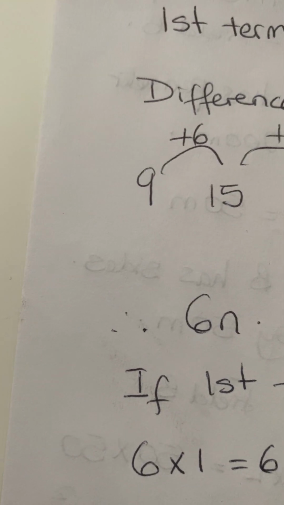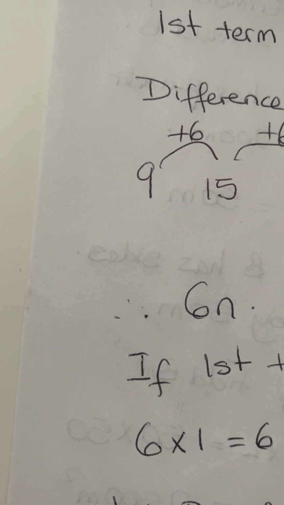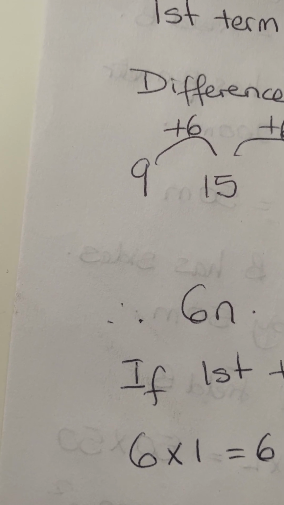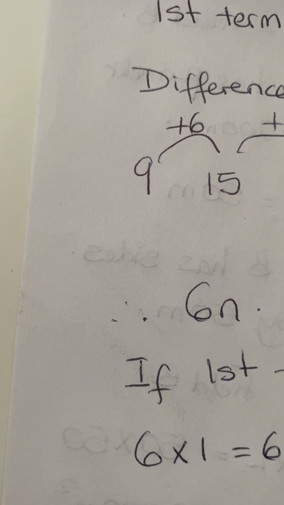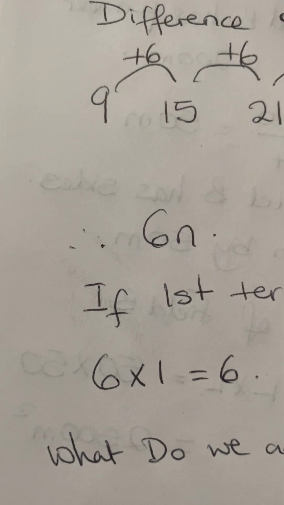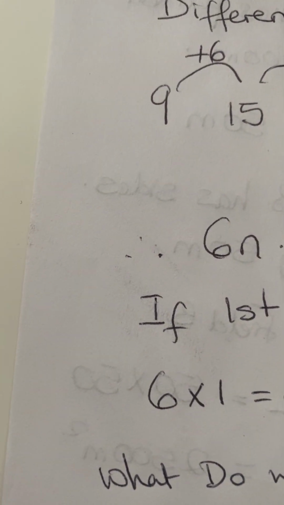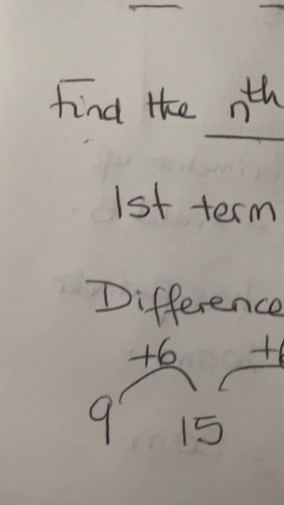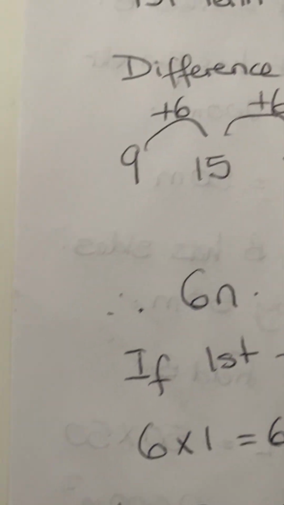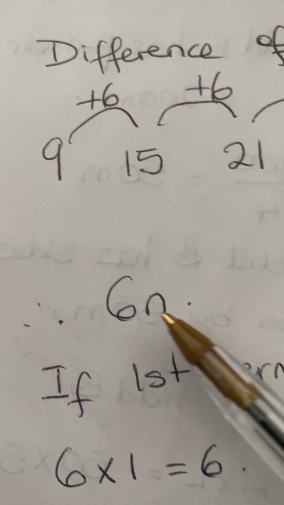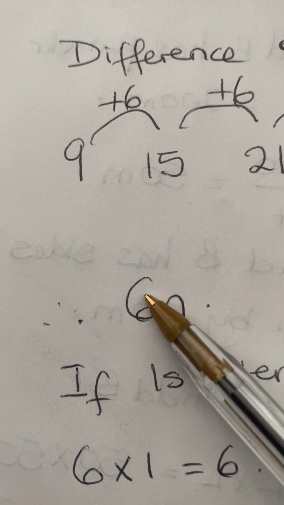There's something called the position to term rule, which will help us find the nth term. Our first term here is 9. The difference is 6.